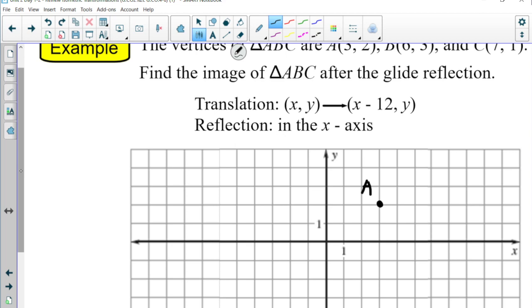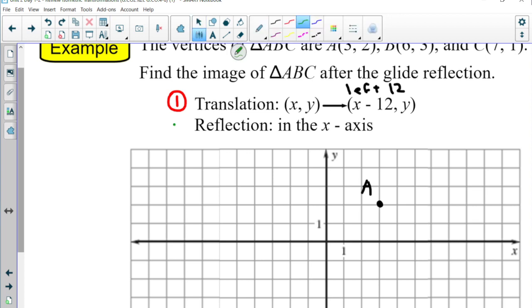Well, since it's x, that's in charge of left and right. So taking x, subtracting 12 means that it's going to move to the left 12. So the idea is that this is transformation number 1.